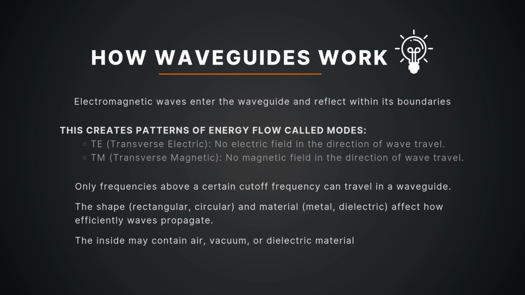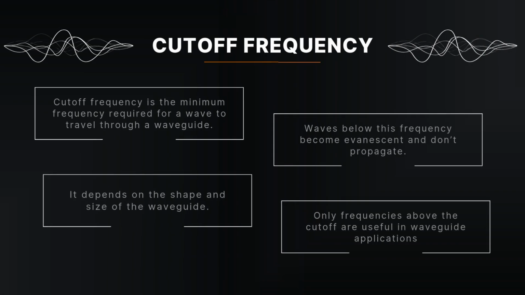However, not all frequencies can travel. The wave must be above a certain frequency known as the cut-off frequency, or else it will die out before reaching the destination. So, what exactly is cut-off frequency? It is the minimum frequency that a wave must have to successfully propagate through a waveguide.